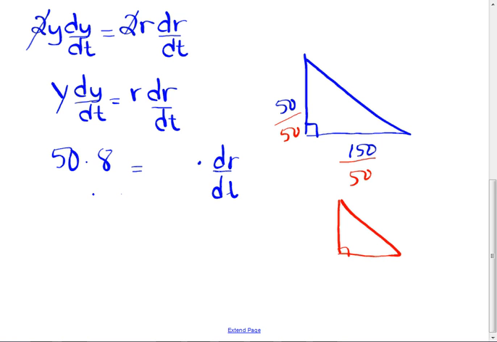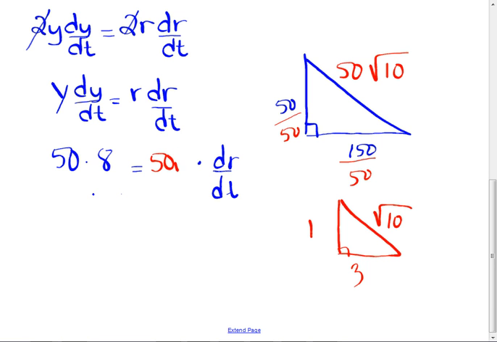The ratios of the triangles are still the same. So what's the hypotenuse going to be with my little triangle? Square root of 10. Now, you can't simplify that, and I wouldn't anyway. Now, how do I get back to the big triangle? Multiply by 50. So this is 50 times the square root of 10.